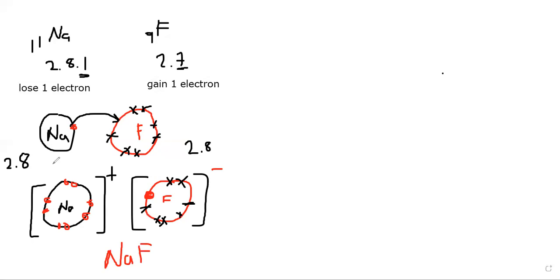Now, the Born-Haber cycle is going to propose a stepwise process, not just showing the transfer of electron from sodium to fluorine. What it starts out with is the elements in their standard state.